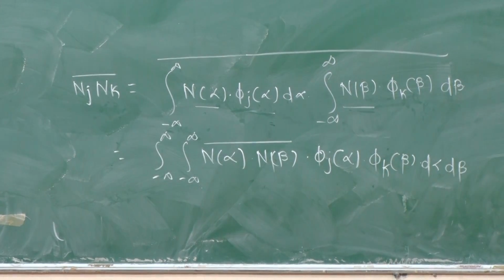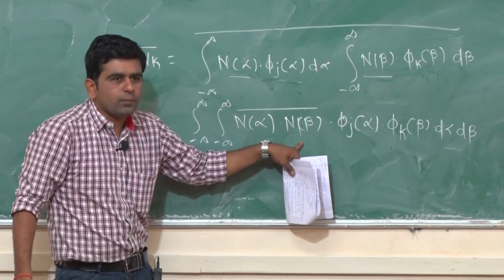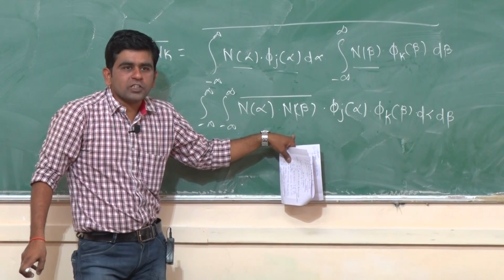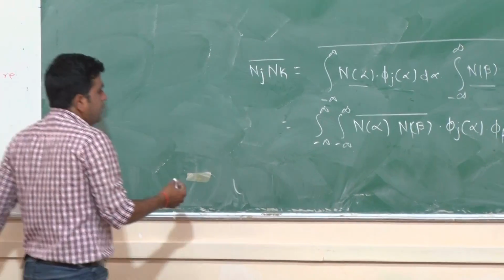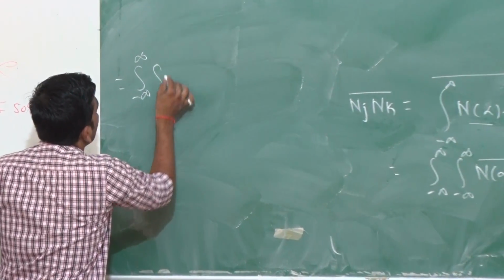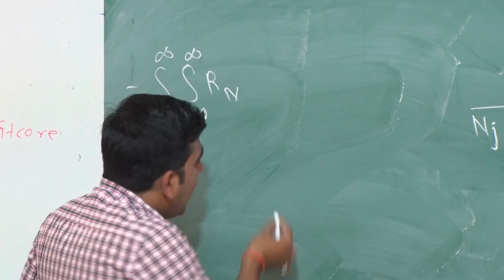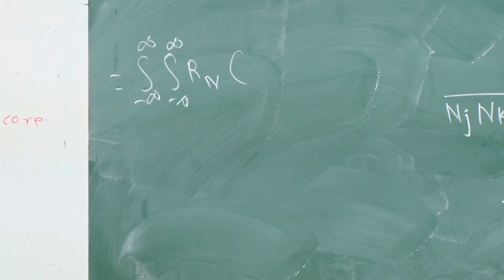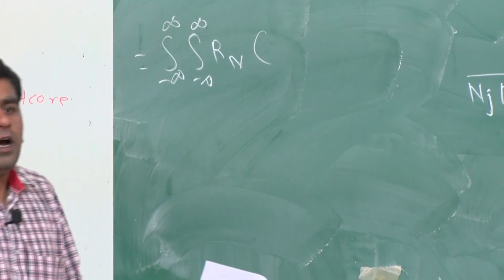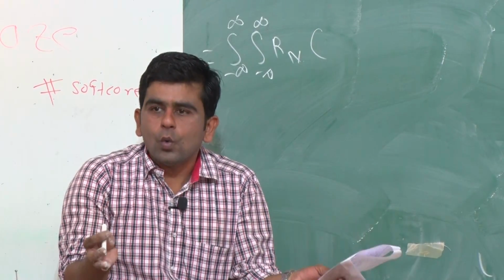Is it clear? Now see here, this is the expectation of n of alpha into n of beta. What is this quantity? It is nothing but the autocorrelation function. So we have to represent this quantity as an integration from minus infinity to infinity. This is the autocorrelation function of this noise, and when we consider this process is wide sense stationary, this autocorrelation function is a function of only the distance value, that is, it is a function of tau.